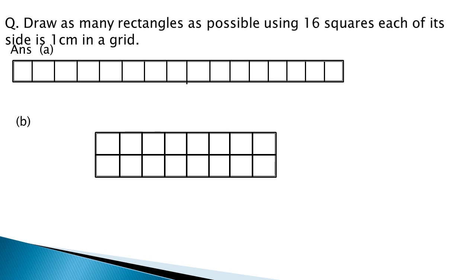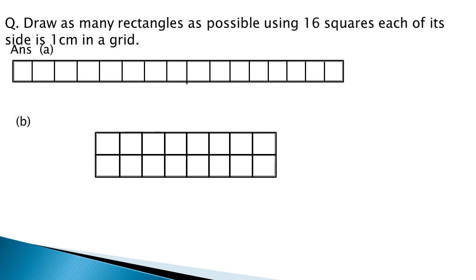And in that, there are 2 rows. In the first row, there are 8 squares. You can count it: 1, 2, 3, 4, 5, 6, 7, 8. 8 squares are there in the first row. And similarly, in the second row, there are 8 squares. So total how much? 16 squares. As we are asked to draw 16 squares in each rectangle, we have to fulfill this condition.